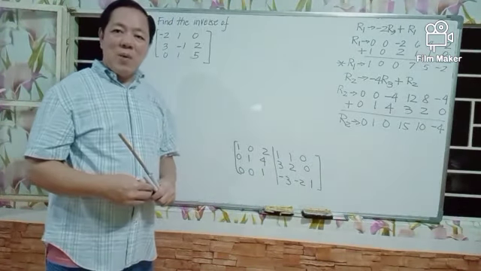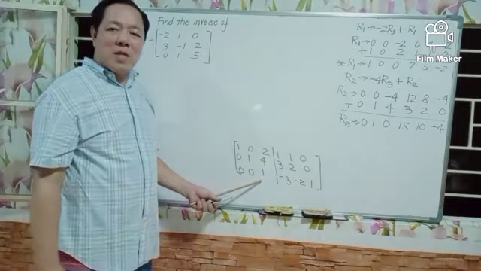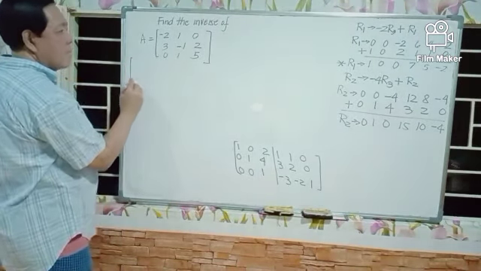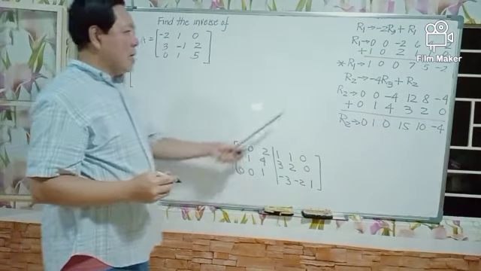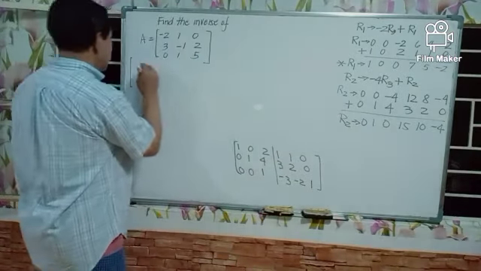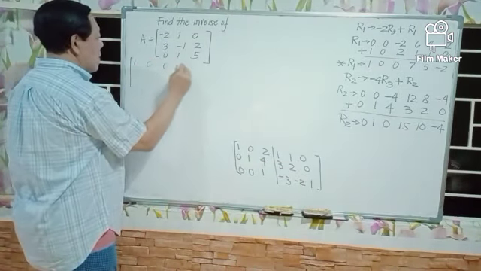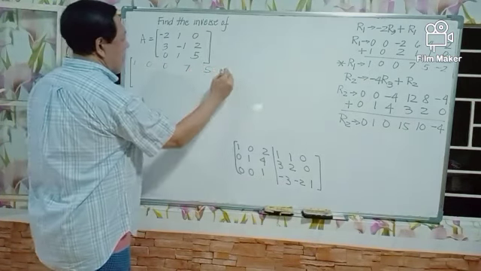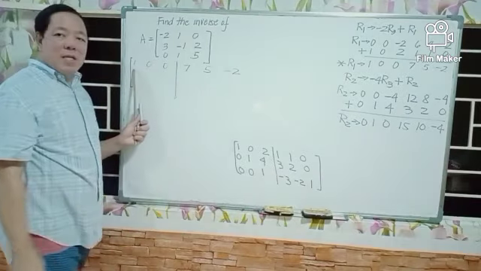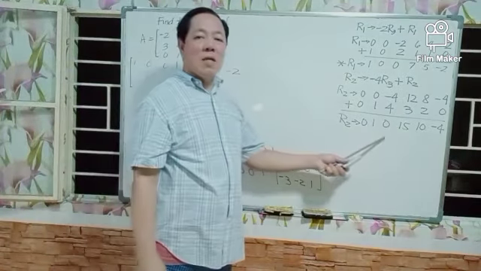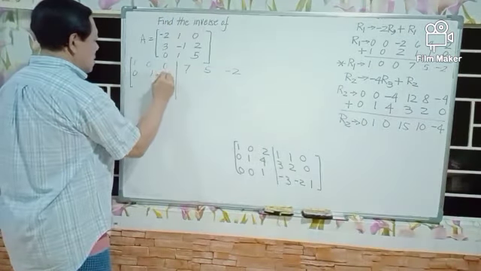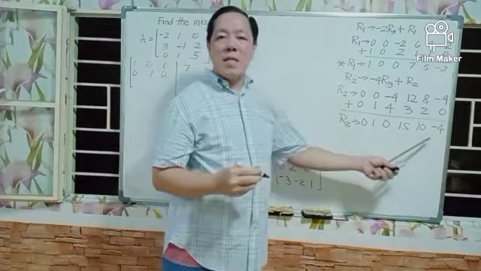We now write the equivalent matrix, the matrix equivalent to this matrix. The new entries of row 1 are 1, 0, 0, 7, 5, negative 2. And the new entries of the second row are 0, 1, 0, 15, 10, negative 4.